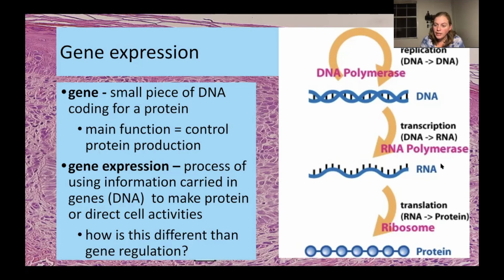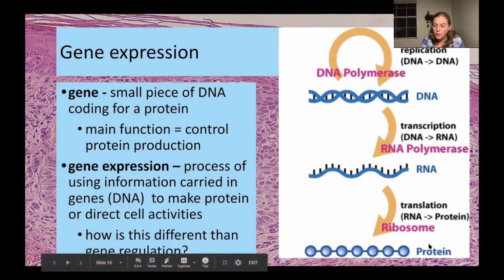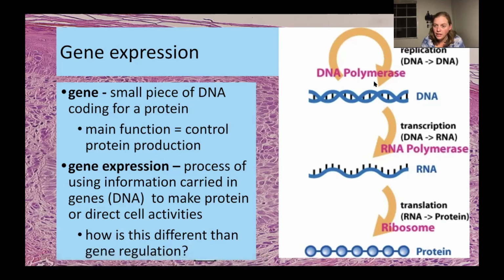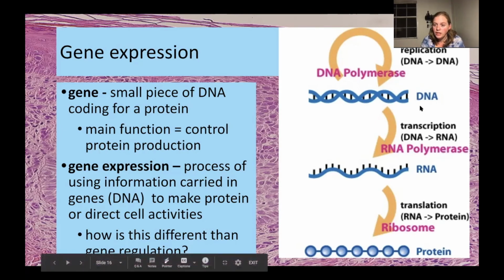If we are taking that mRNA molecule and converting that information into an amino acid sequence to make a protein, this is translation, and this is done in the ribosome. Now, we can also take this DNA and replicate it using this DNA polymerase, and that's just copying DNA. So if you know this central dogma, this DNA to RNA is transcription, RNA to protein is translation, you're going to do just fine with this segment.